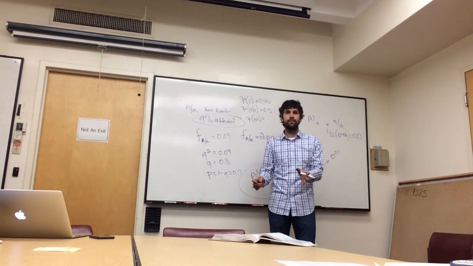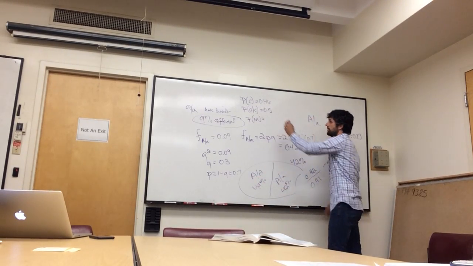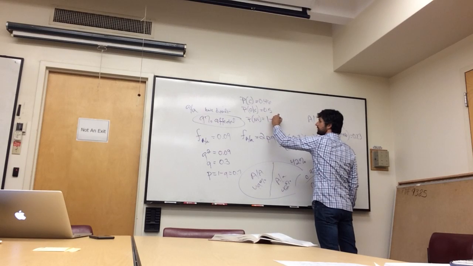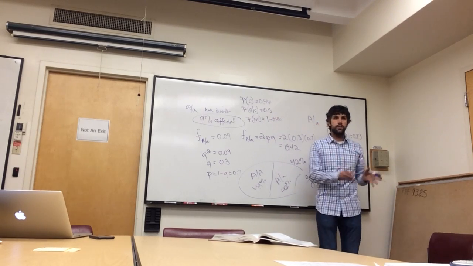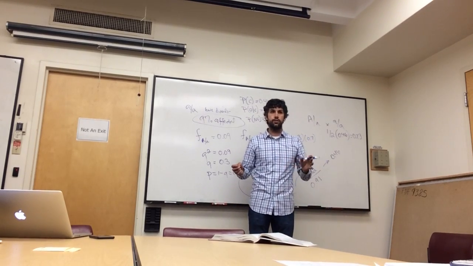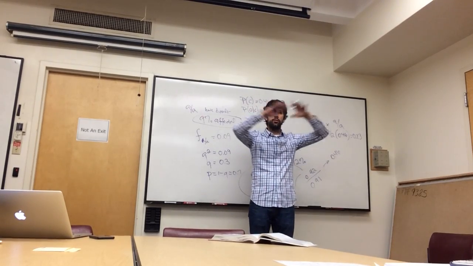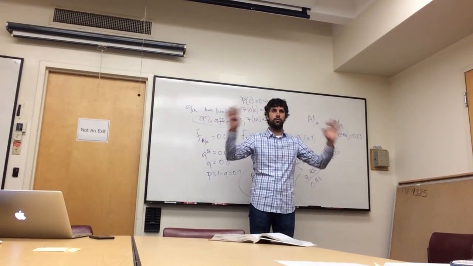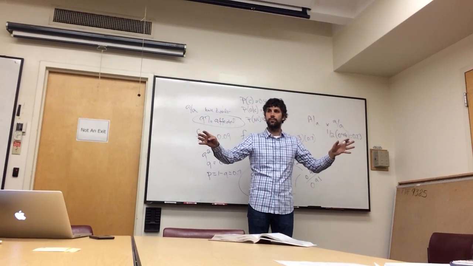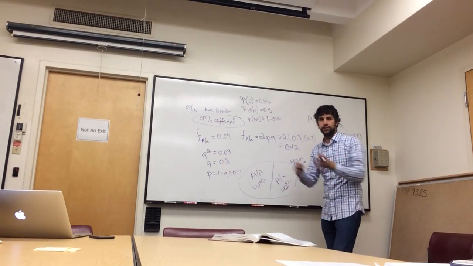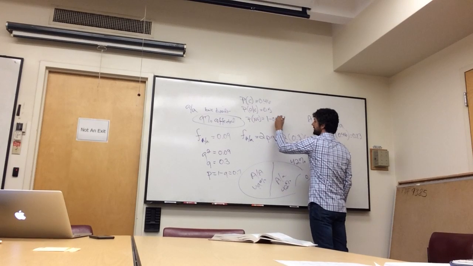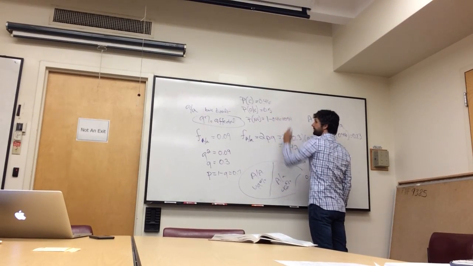It's going to be 1 minus 0.46, because she can either be a carrier or not be a carrier, and so you encompass both of those possibilities. That's a 100% scenario. So we're saying if she's not one, then she's got to be the other. So it's 1 minus 0.46, so that equals 0.54.